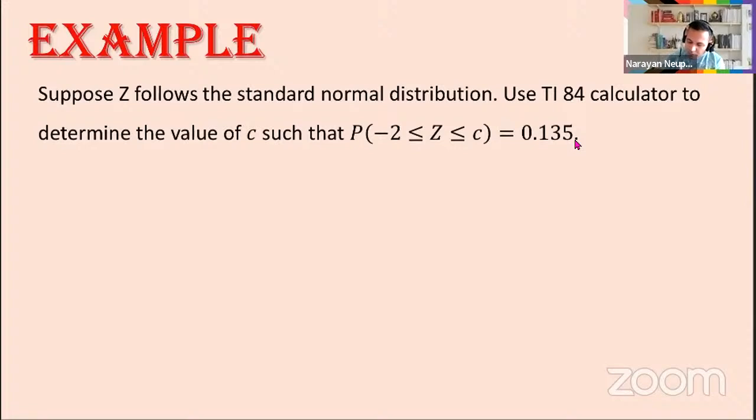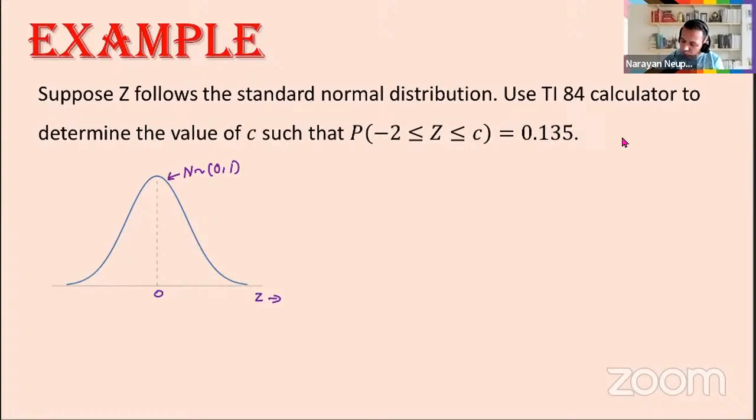Okay, so first we are going to draw that distribution. So this is the standard normal distribution. Z follows the standard normal distribution, meaning the mean is 0 and the standard deviation is 1. So 0 lies here in the middle. Now the probability that Z, these values along the x-axis, is between -2 and C is 0.135.